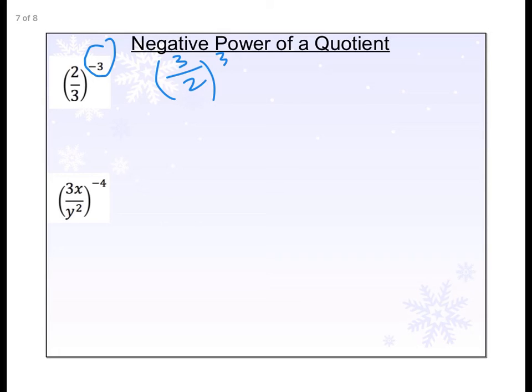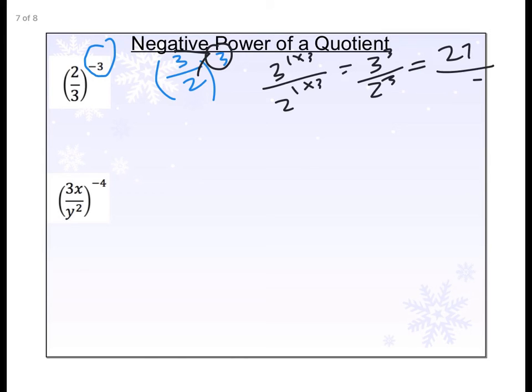And now I would do it just like my previous problems, where that 3 out here goes to everything inside. So I'd have 3 to the 1 times 3 over 2 to the 1 times 3. That leaves me with 3 cubed over 2 cubed. And then I know 3 cubed is 27, 2 cubed is 8. So since those are smaller exponents, I would simplify them to their numbers here, and that would be my final answer.